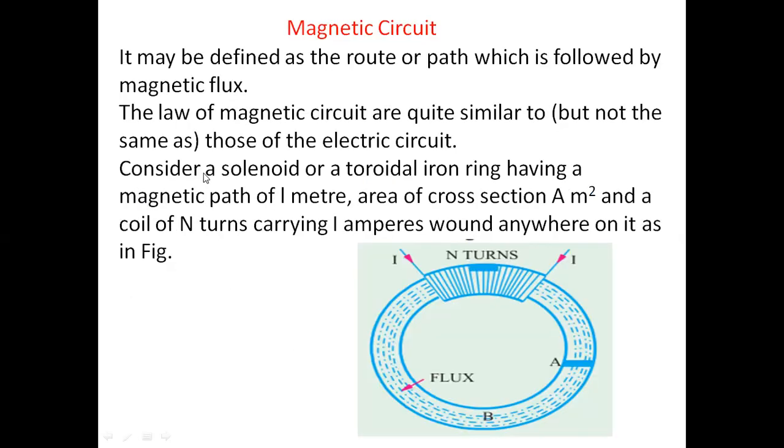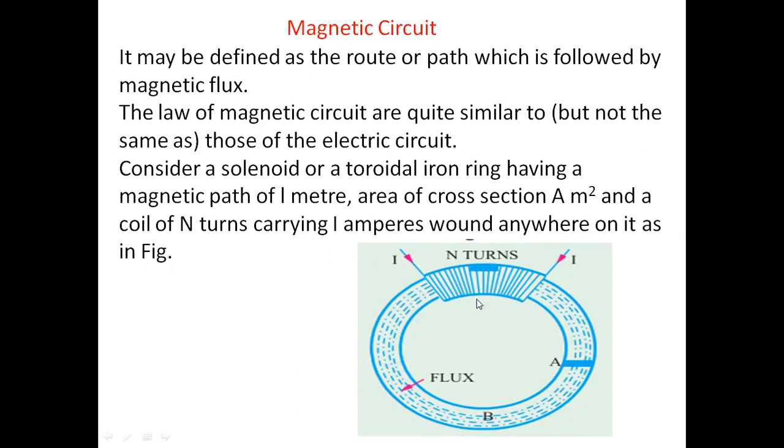So you see here, consider a solenoid or toroidal iron ring having a magnetic path of L meter. The total length of this magnetic path is L meter, and the area of cross section is A meters square, and a coil of N turns.